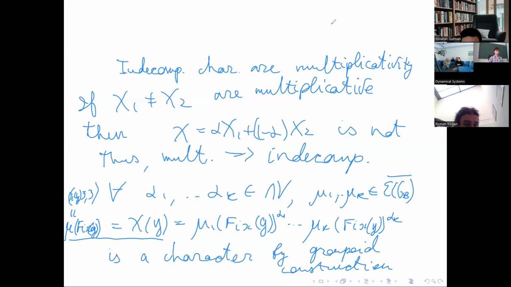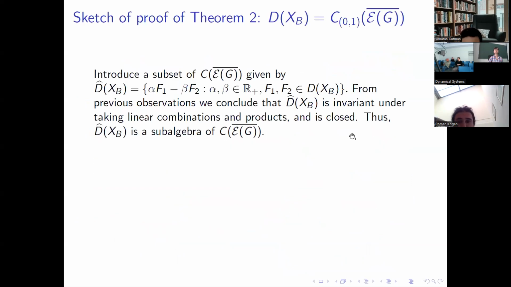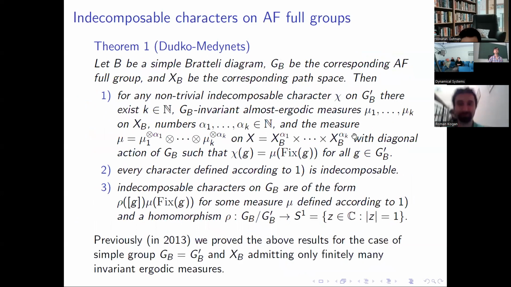So let me come back to the theorem. We proved the first part. I gave an idea of the proof of the second, the groupoid construction. And the third one is a standard consideration because the factor group is a simple object.